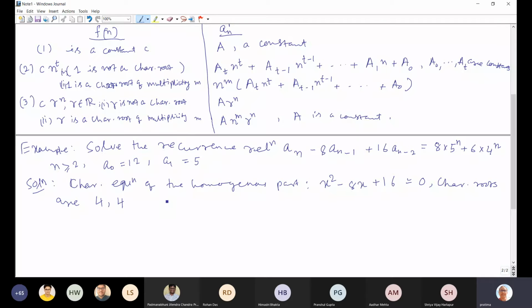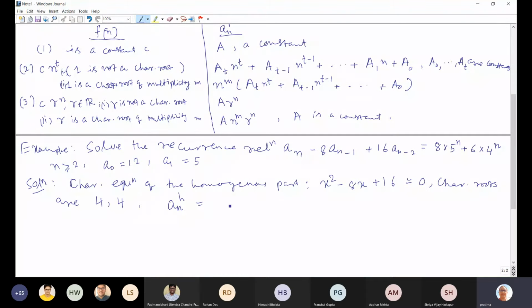So these are the characteristic roots. So the characteristic root is only one, that is 4 with multiplicity 2.